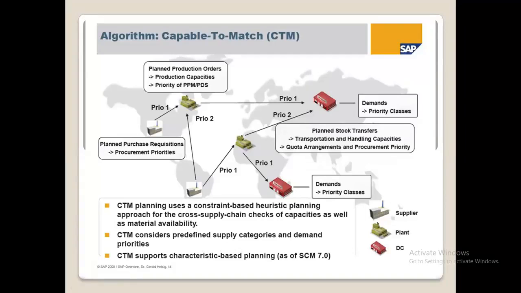CTM considers predefined supply categories and demand priorities. For example, consider we have multiple DCs.